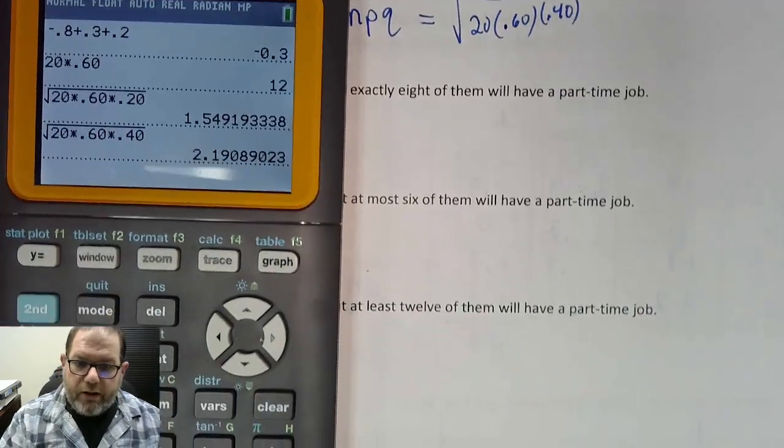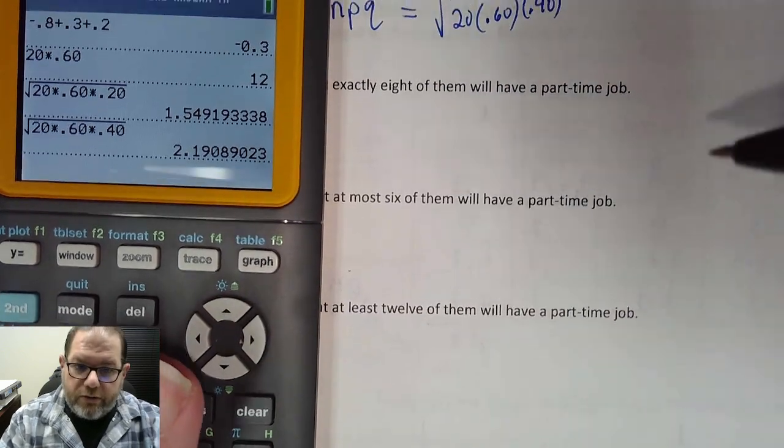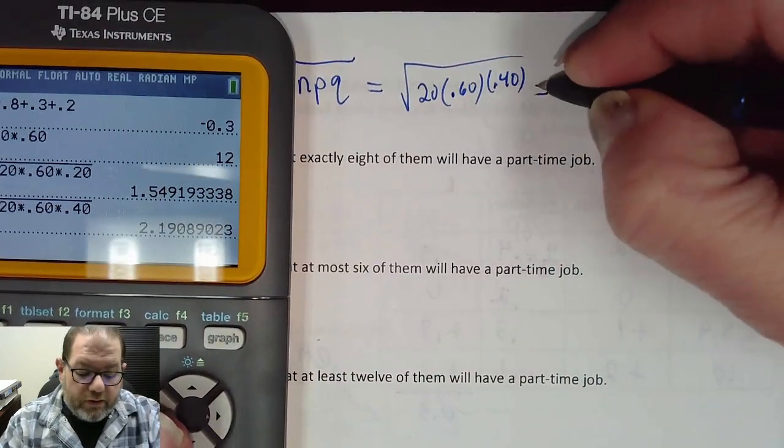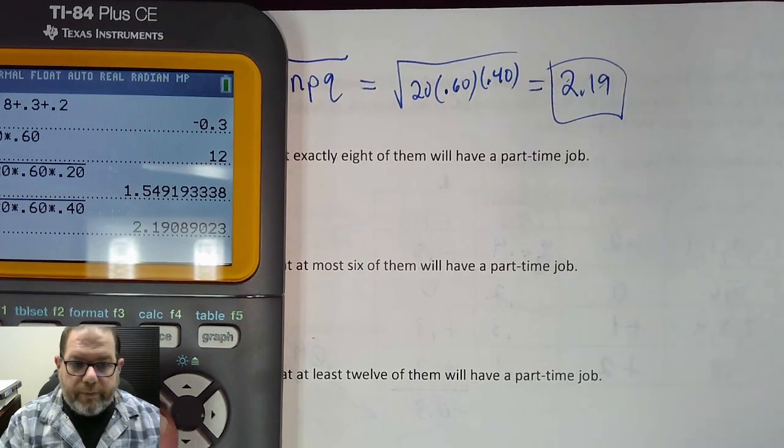There we go. There's our correct value. 2.19 is now our standard deviation.